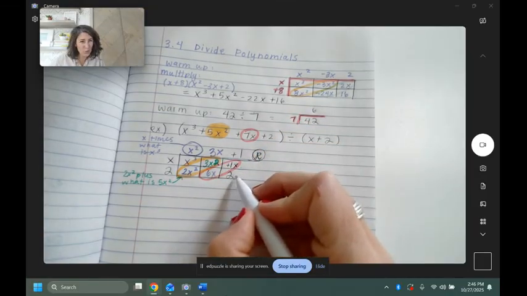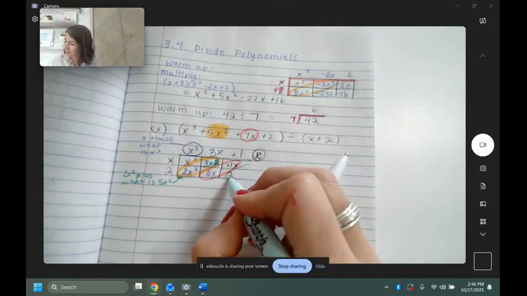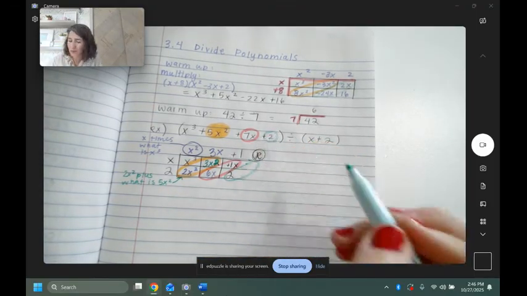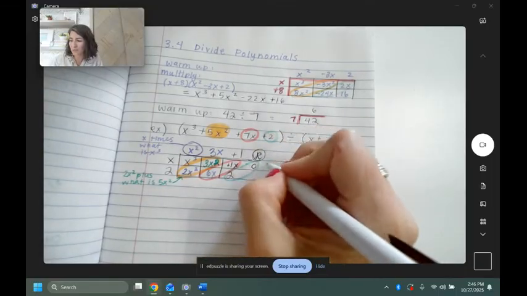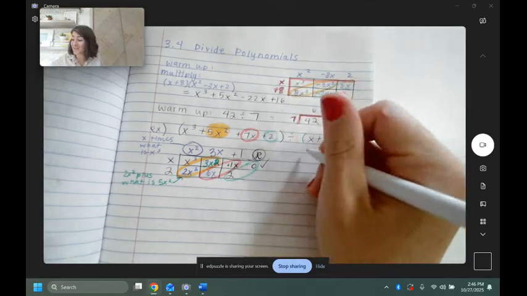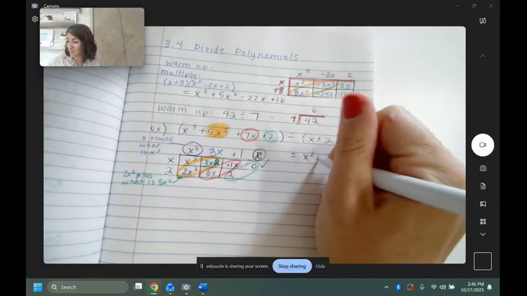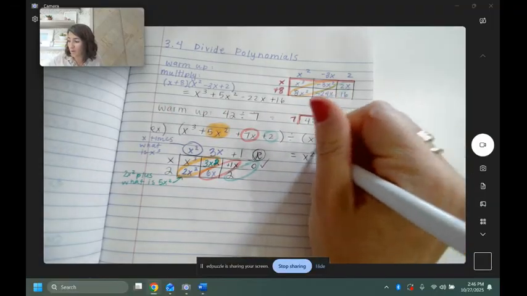But 2 plus what is 2? 0. So my remainder is 0. So my answer is what's written here on the top. X squared plus 3x plus 1.